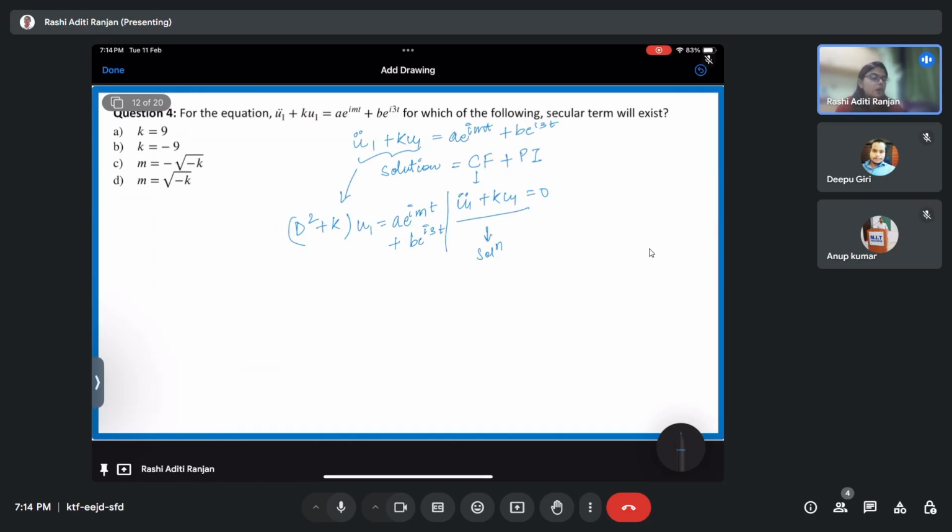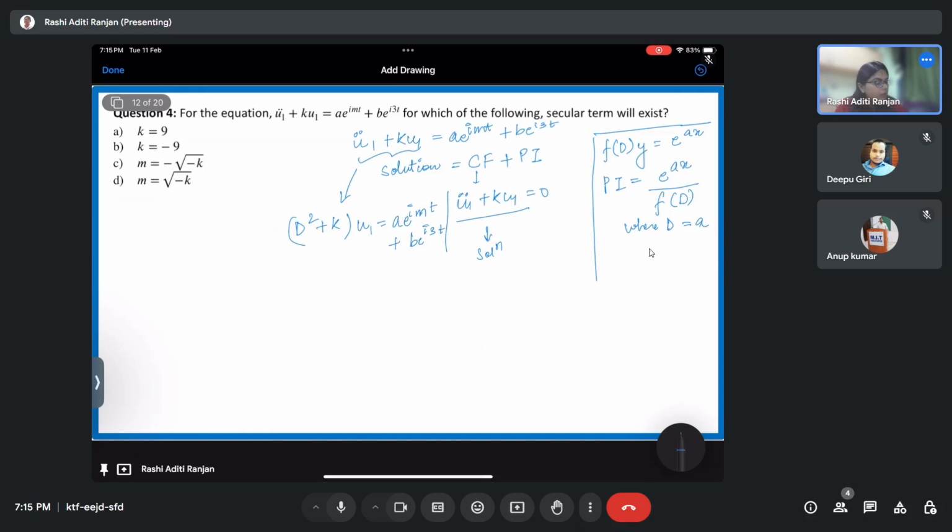Okay, so by the formula, if my f of d into y is equals to e to the power ax, my complementary function, I don't think I need to discuss. We'll just work on particular integral. My particular integral is going to be what? E to the power ax divided by f of d, where d is equals to what? A.